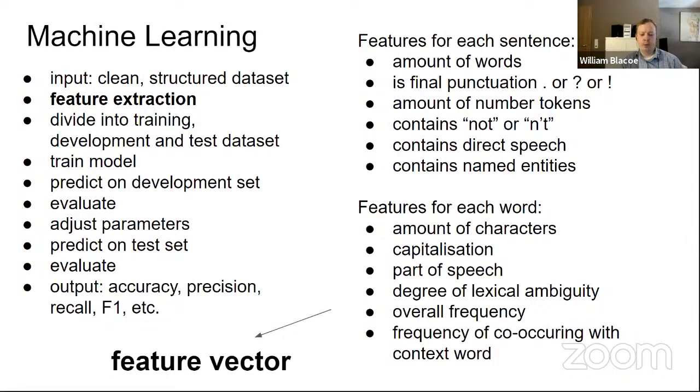Machine learning can be complicated, but I want to give just a really quick overview of the things that it almost always entails. So again, we start at the point where we have a clean structured data set. And let's say the data set is a collection of sentences. So each data point is a sentence.